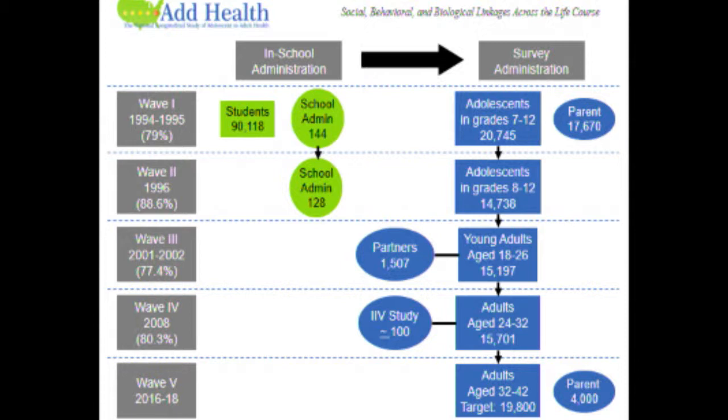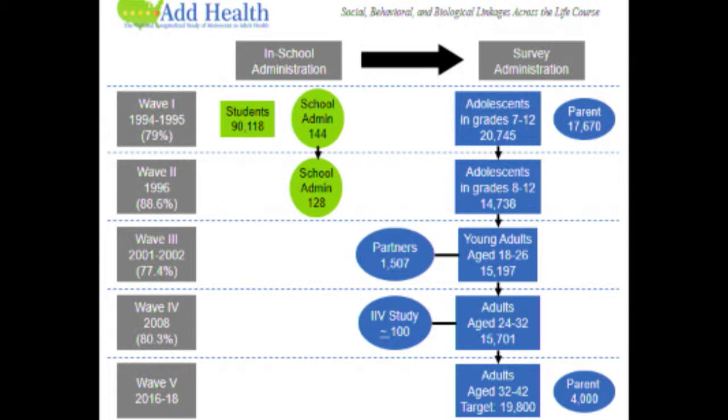Here's the in-school administration, the interview with the school administrator, and then this is the in-home sample, which I showed you how we selected, 20,745. We interviewed about 85% of their parents, and this is the sample that we've followed prospectively over time. This is the former cohort of adolescents.